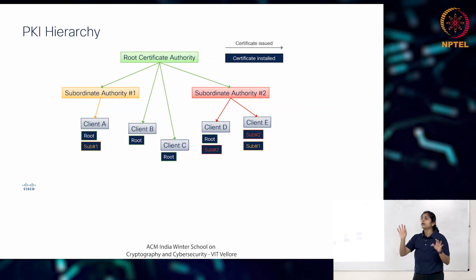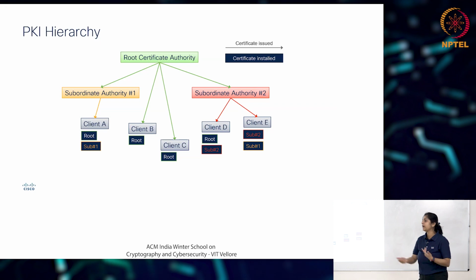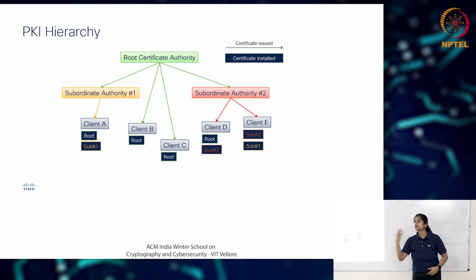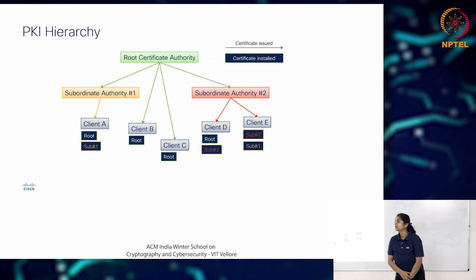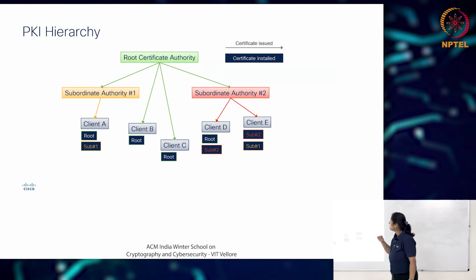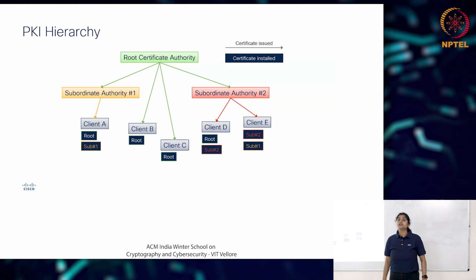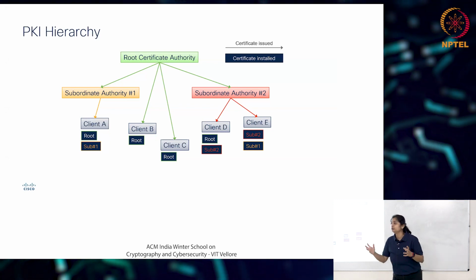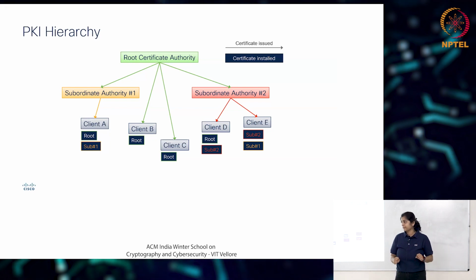But how do you get that certificate? I am a new router in the market and I want to get this certificate. I want to establish PKI connections. So the PKI hierarchy is something that takes care of how the certificates are issued to one entity.